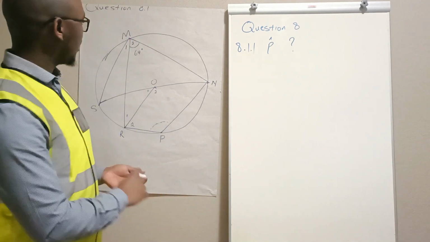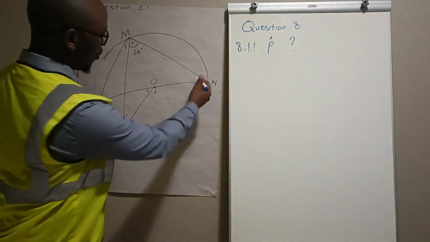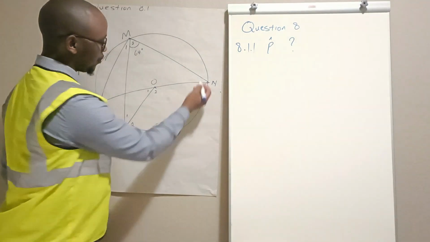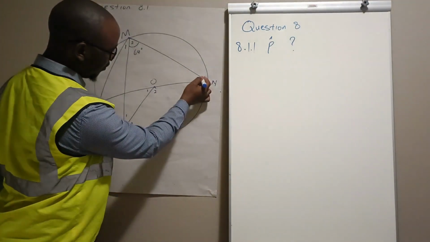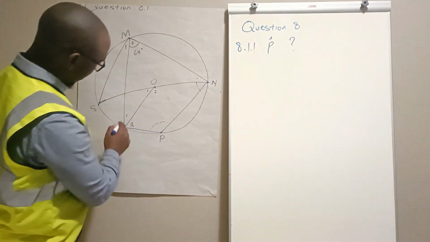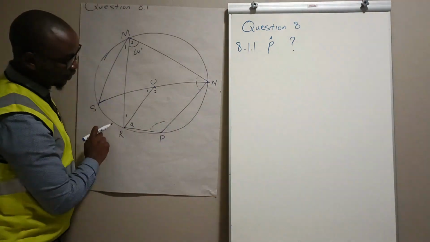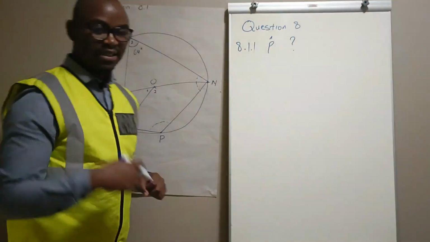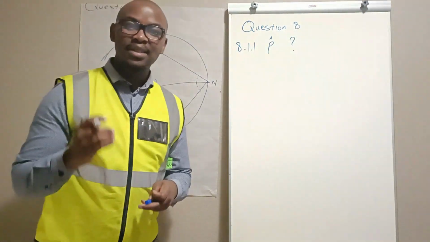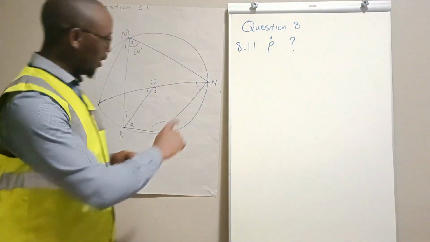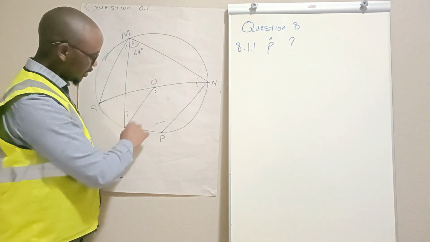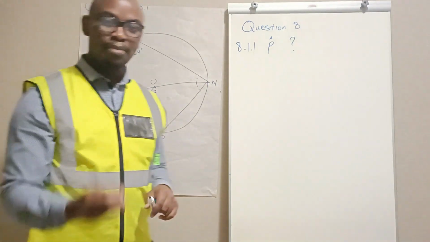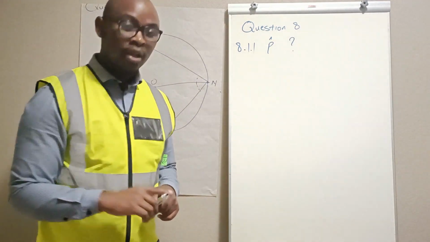The first one being that opposite angles of a cyclic quad are supplementary. What does supplementary mean? It means that if you add this angle and this angle, you get a sum of 180.